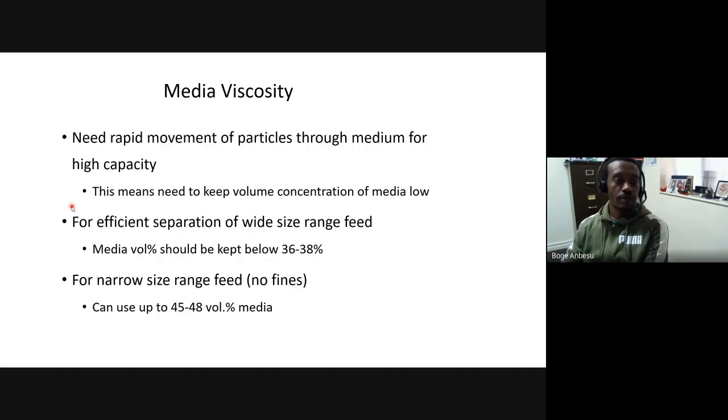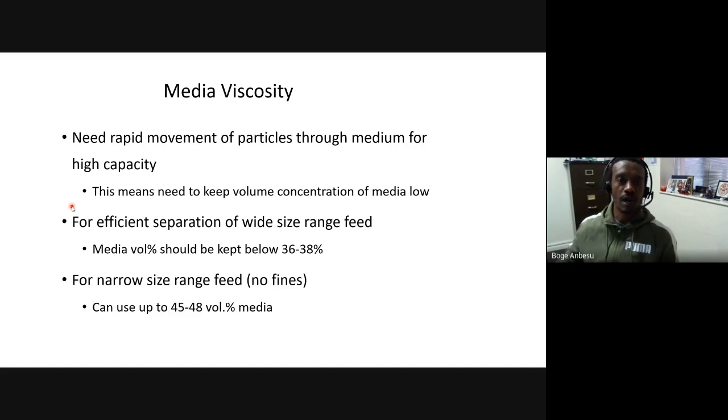Okay, so I already talked about viscosity as being one of the problems. Why do we care about viscosity? Because again, your success of separation eventually depends on how mobile the particles are. Okay, so you put particles in the media. If the media is very viscous, then particles can't settle quickly or they can't float quickly, okay?